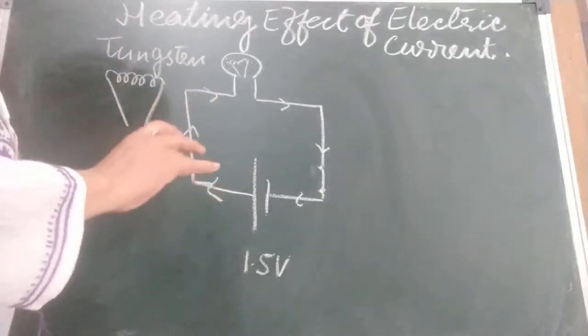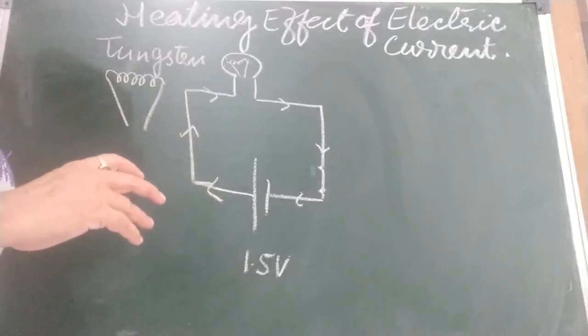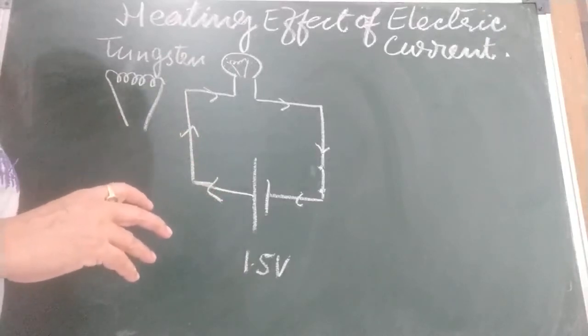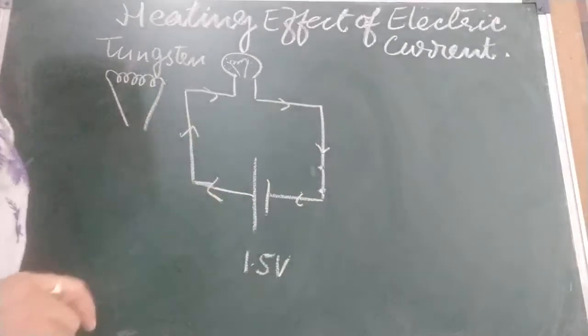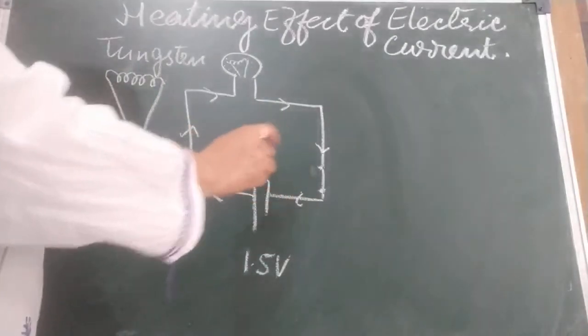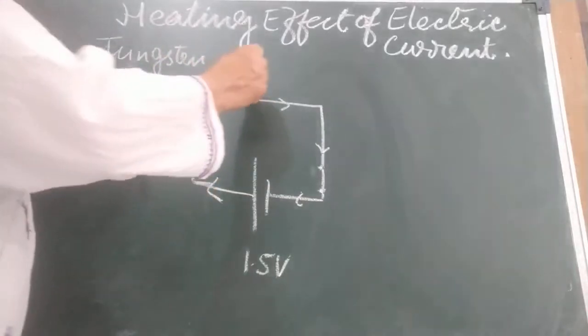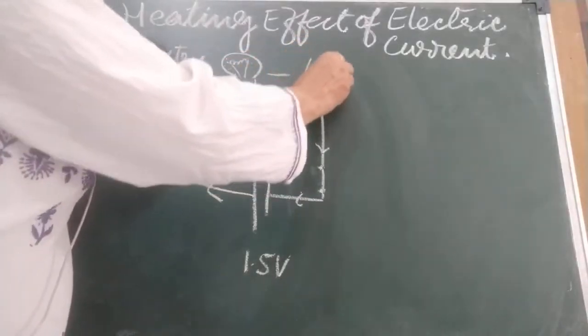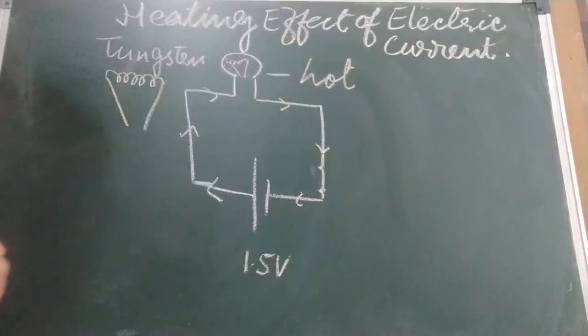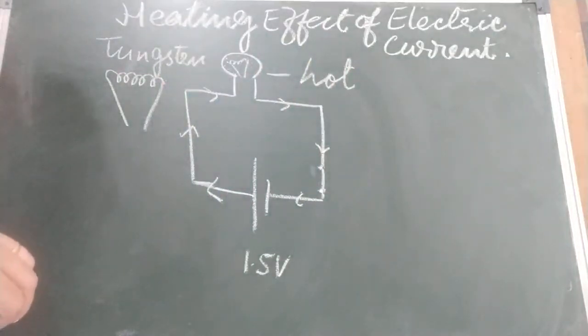Now this setup we will allow to glow for 3-4 minutes. After that we will switch off the bulb, and then we will touch the bulb. We will find it is a little hot. Why is this hot? This is hot just because of the heating effect of electric current.